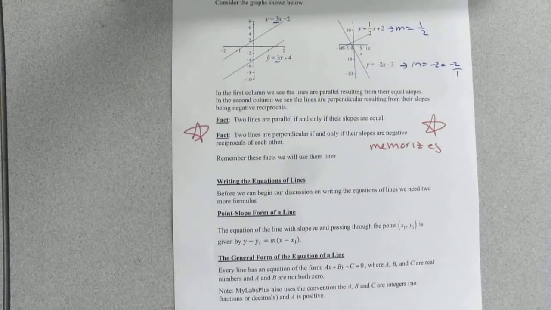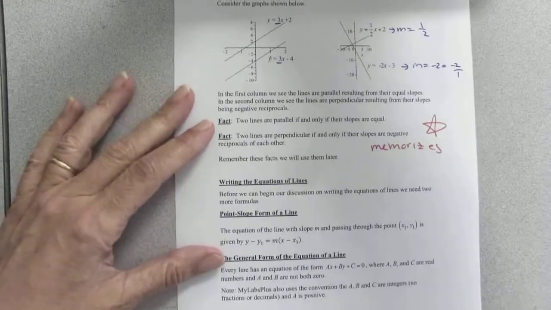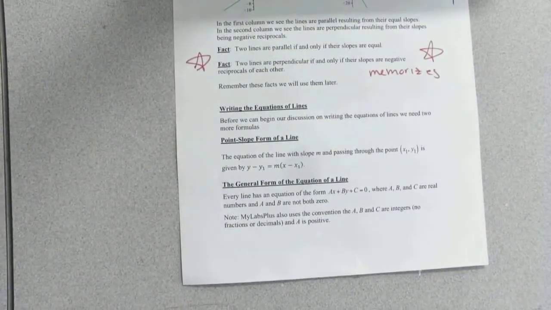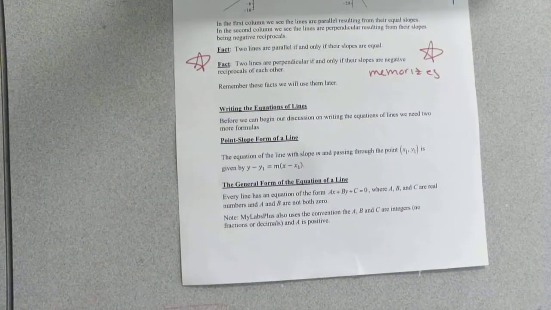And that's pretty much the only time we're going to use that equation, when we're finding equations of lines. Then another equation here, general form of a line. Every line has an equation in the form ax plus by plus c equals 0, where a, b, and c are real numbers, and a and b are not both 0.